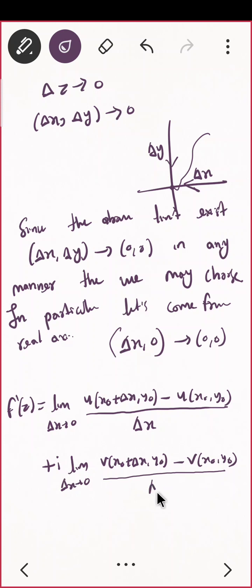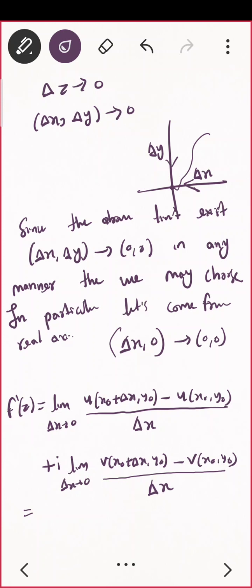Okay, now can somebody tell me what is this value, this limit? Yes, anyone? What is this value? Or you can say the derivative, that is, the left hand side exists, this limit exists.